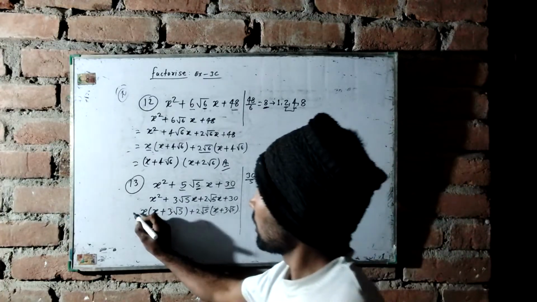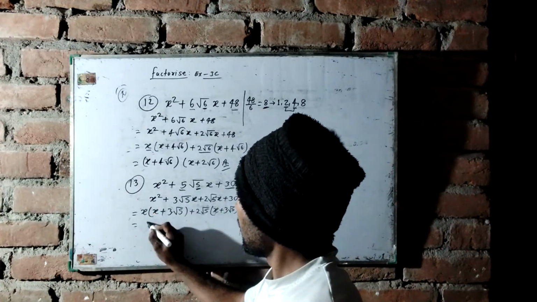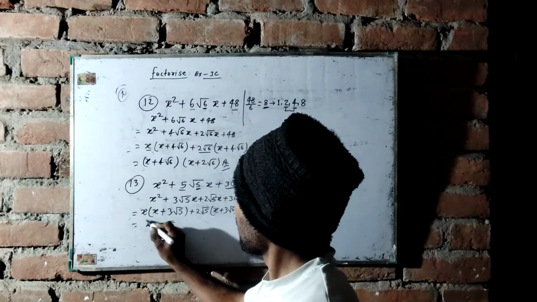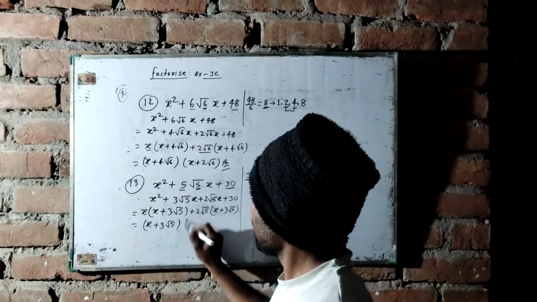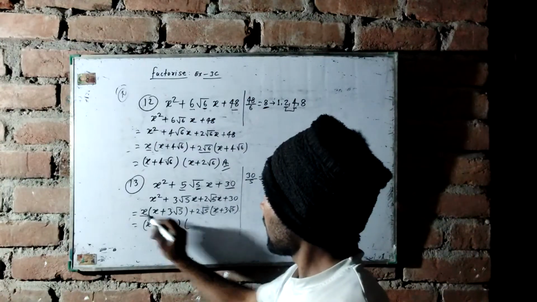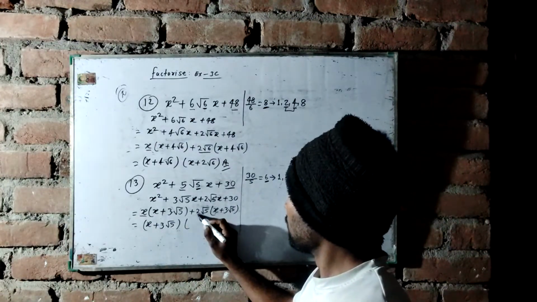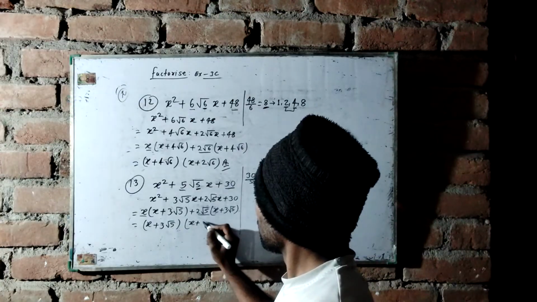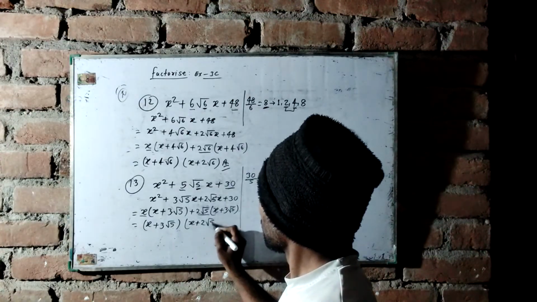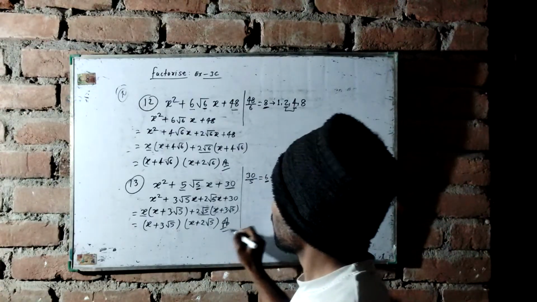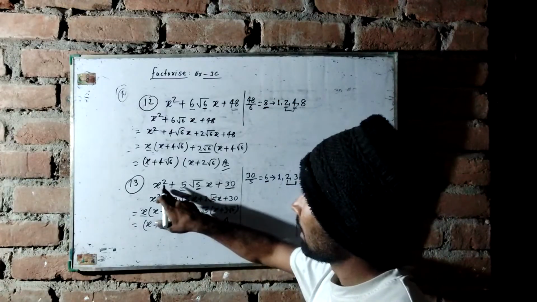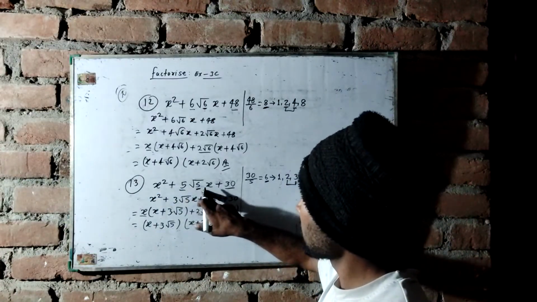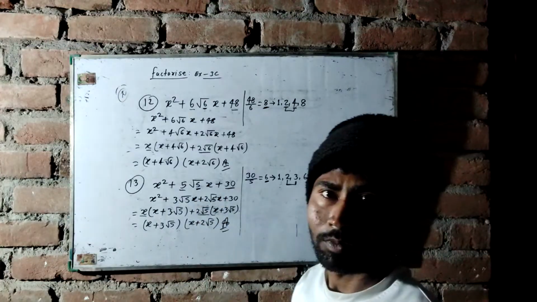So we can take x plus 3 under root 5 as a common and we can write x plus 2 under root 5 as a multiple. These are the required factors of the polynomial x square plus 5 under root 5x plus 30.